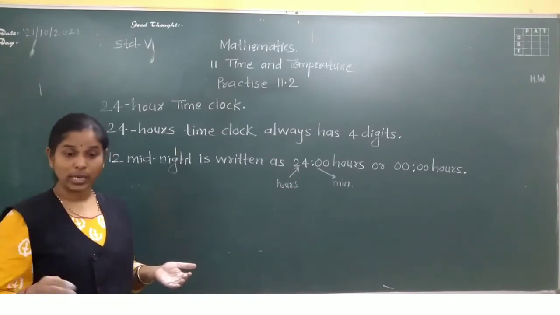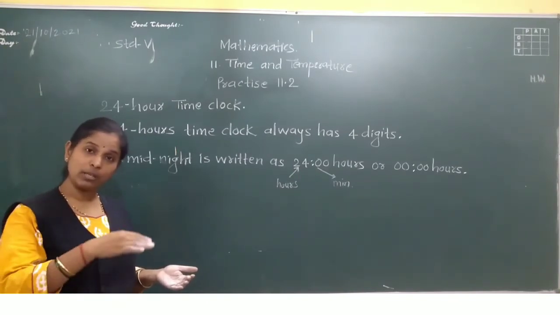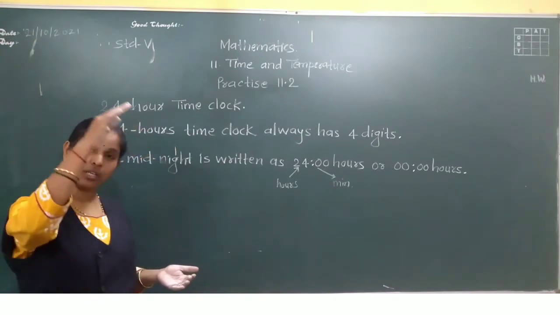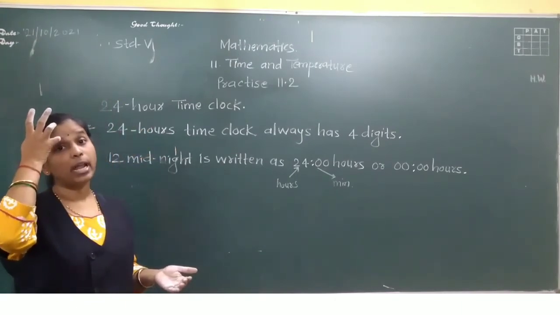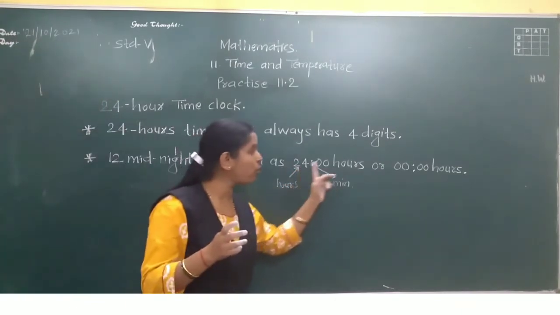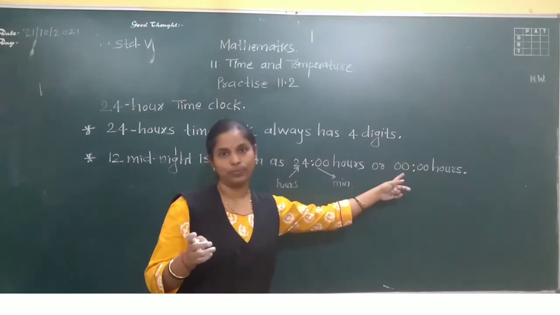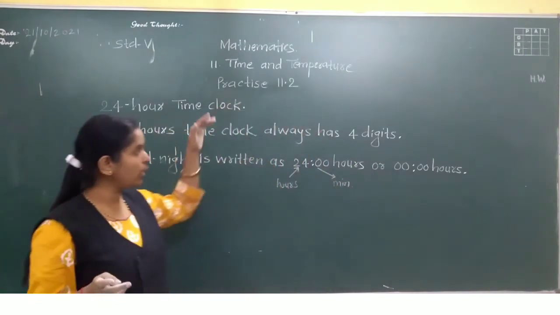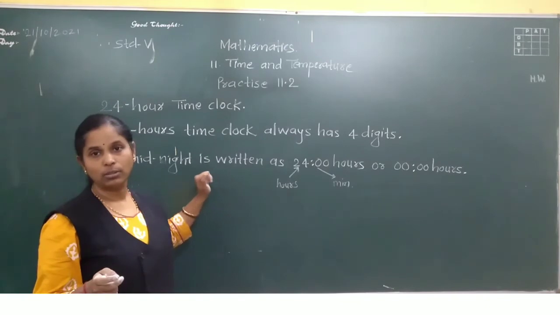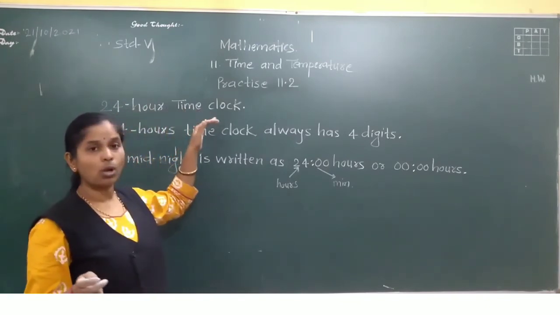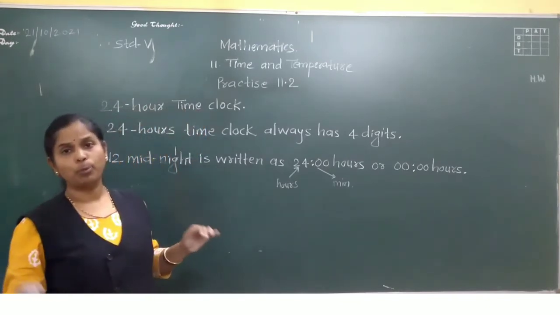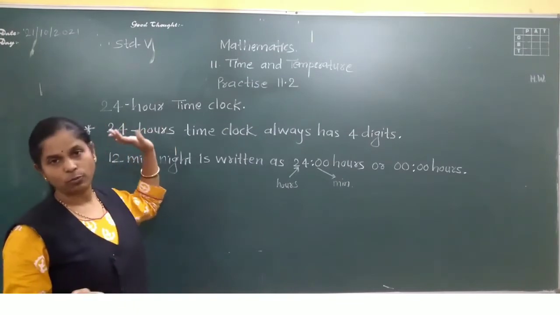Those numbers we are using. After 12 noon, we use 13, 14, 15 like that up to midnight 12, which means 24 hours or 00. In this way, we are going to learn the 24-hour time clock and the problems based on it.